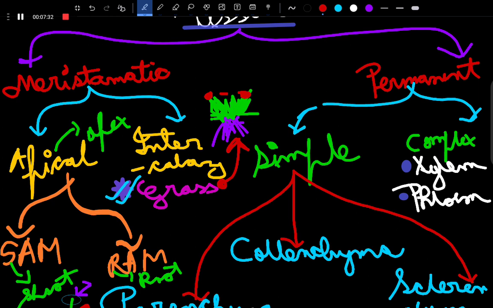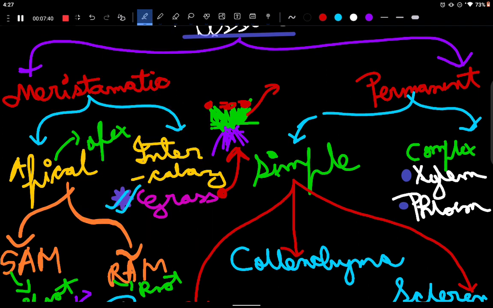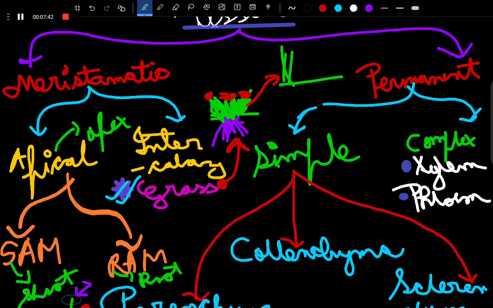They are known as intercalary meristem. Now, this helps the plant to grow from this to a real big grass as it was earlier. Okay? And the root just remains as it was. This was the function of intercalary meristem.